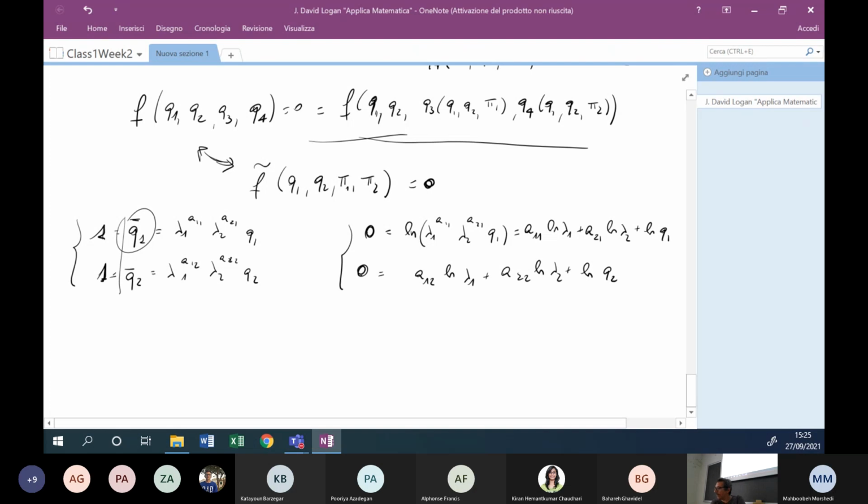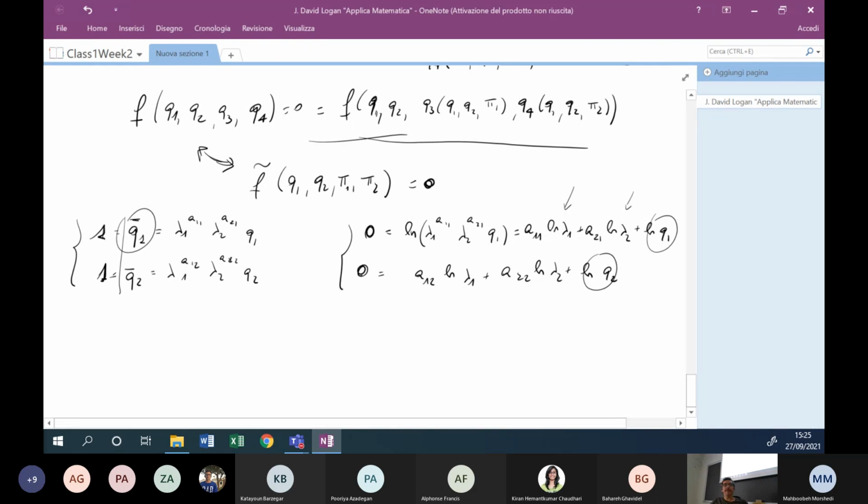Now this is again a linear system, which is inhomogeneous because you have the terms log Q1 and log Q2. But it's a linear system in the variables log lambda 1 and log lambda 2.